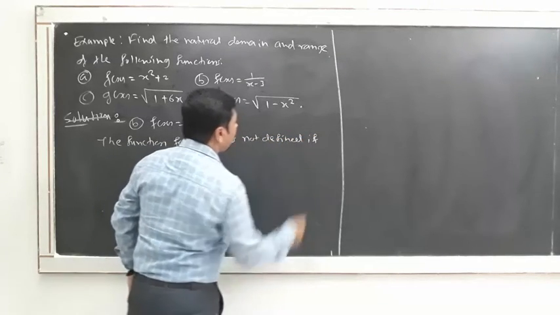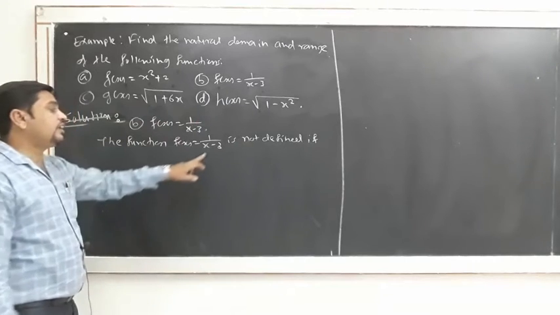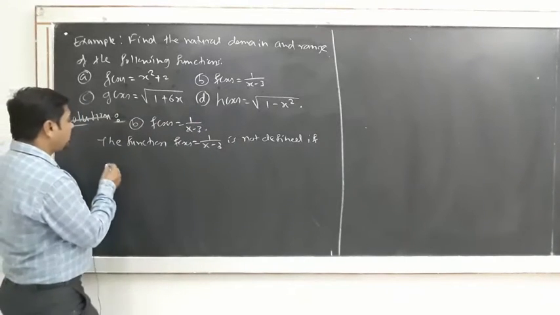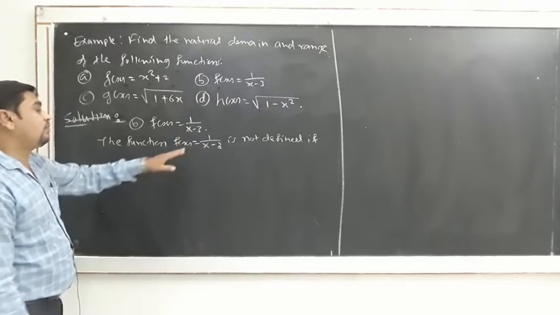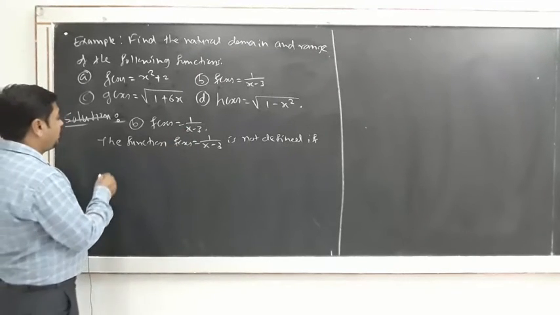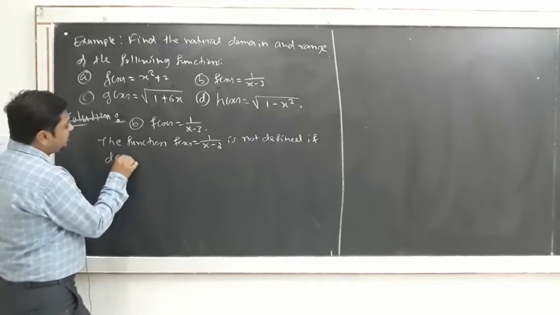if the denominator is 0. That is, if the denominator is 0, then we can say this function is not defined, or the value of this function does not exist.